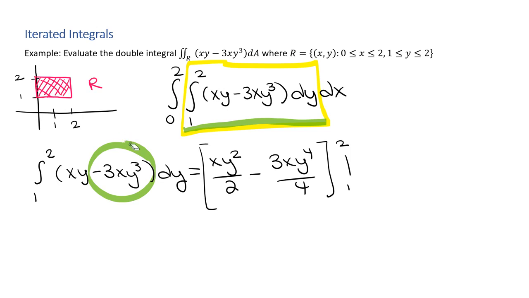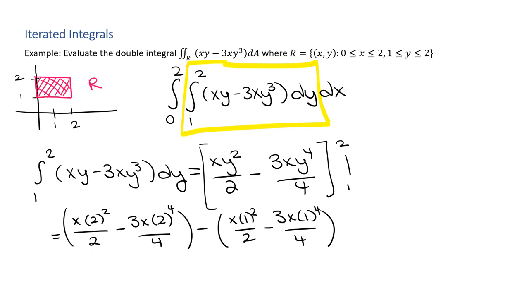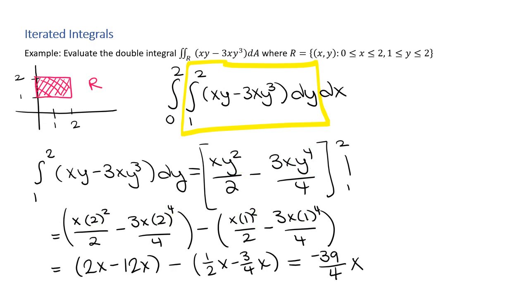Okay, so I find my antiderivative, and then I'm going to plug in my bounds of integration, the 1 and the 2. Again, we integrated with respect to y, so those bounds of integration are y values, and they are going to get plugged into the y's. So I'm going to take my antiderivative, plug 2 in for the y's, then plug 1 in for the y's, and then finally subtract those.